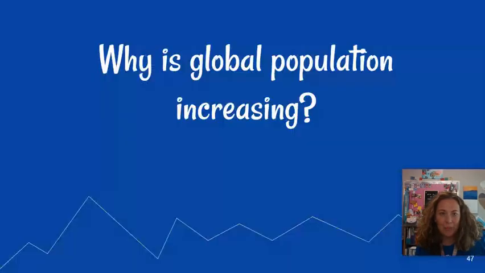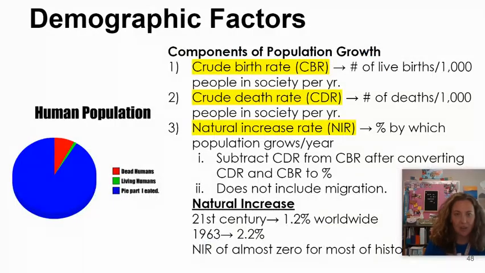All right, so first question is why is global population increasing? Well, lots of stuff. We're going to look at the components of population growth, and the three main features are what happens with our crude birth rate, crude death rate, and then the difference of those, which is basically called natural increase rate.